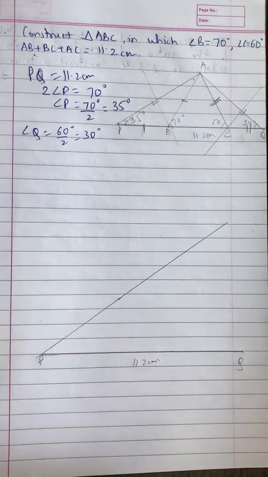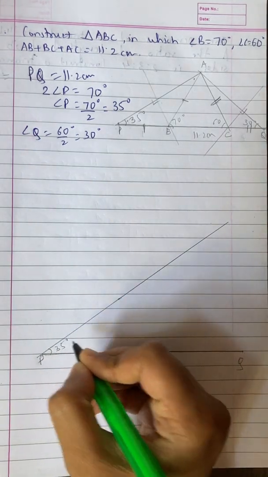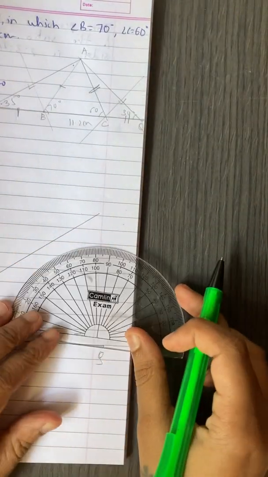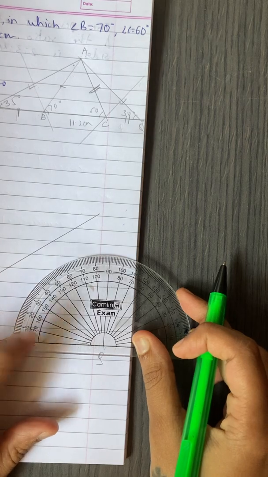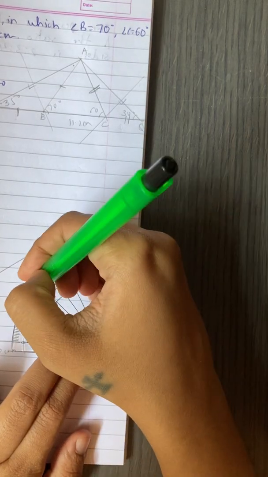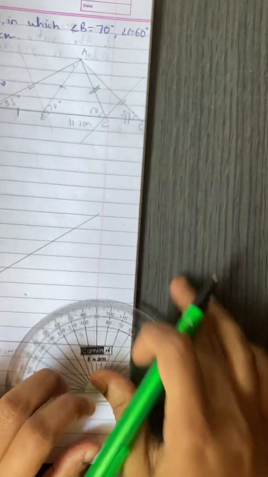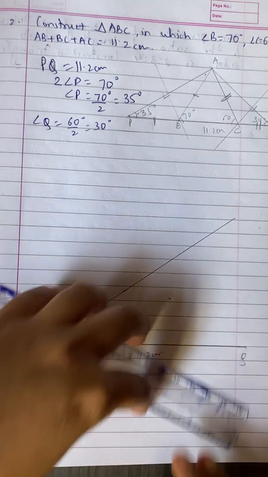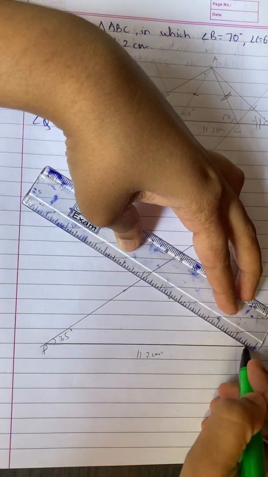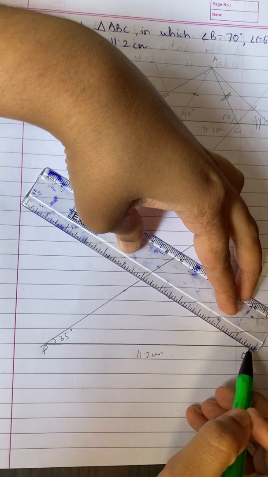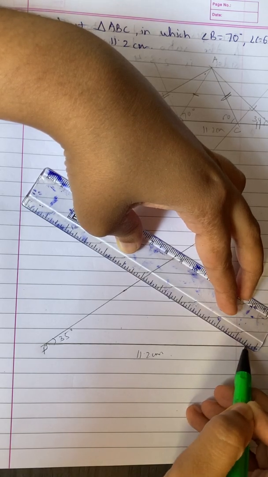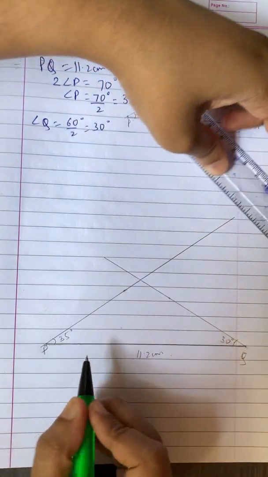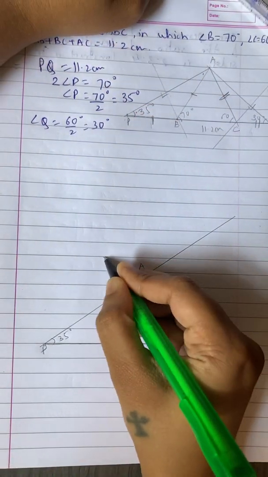Then I'll take, this is 35. Then I'll take the angle from Q, which is 30 degree. After I get this marking, I'll join. So this is 30 degree. Now I get this point as point A.